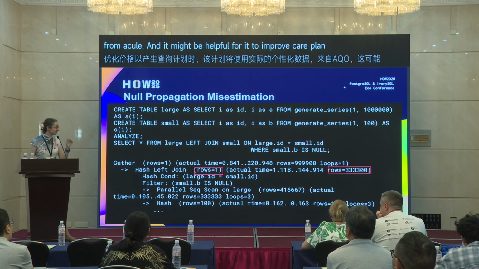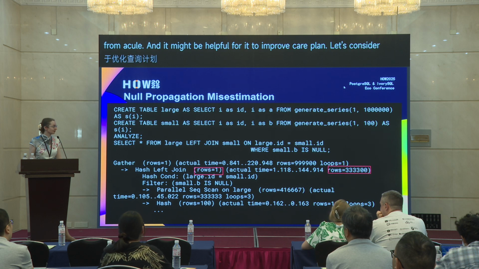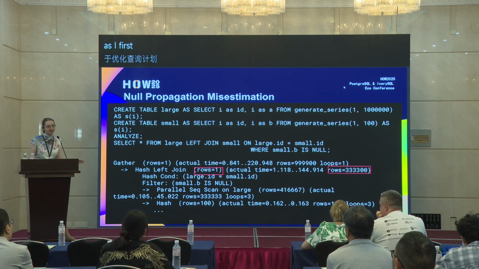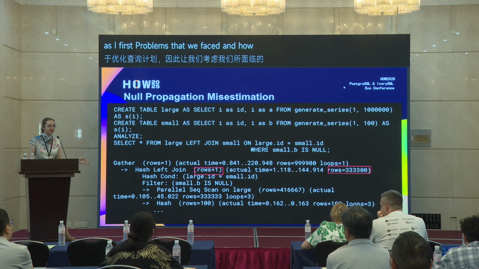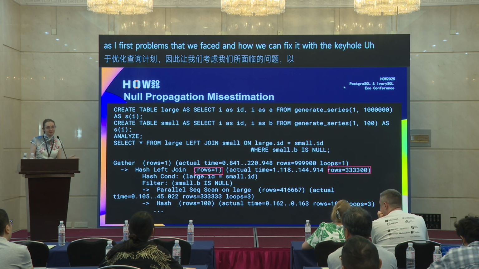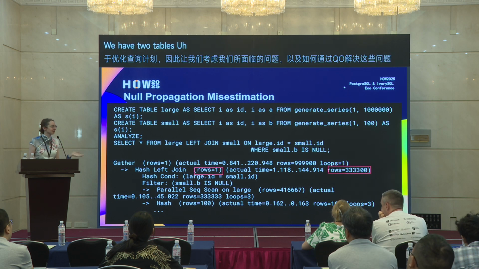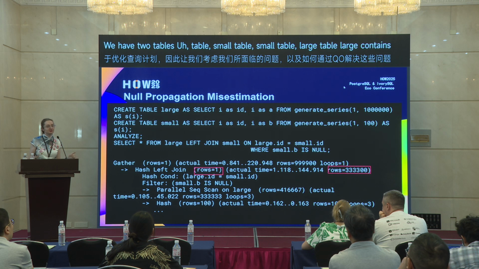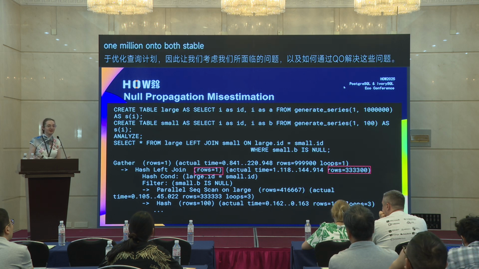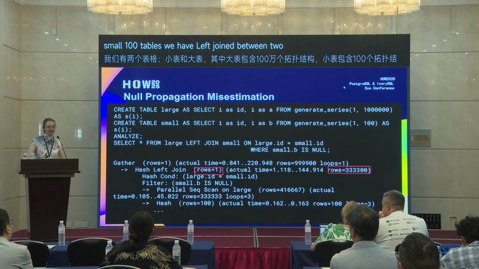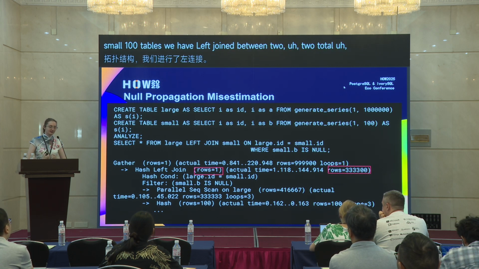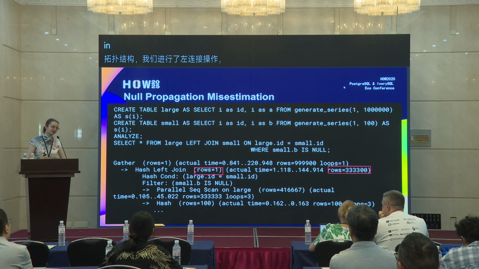So let's consider the first problem that we faced and how we can fix it with AQO. We have two tables, table small and table large. Table large contains 1 million tuples, table small 100 tuples. We have a left join between two tables, but we are interested in getting results on matched tuples.